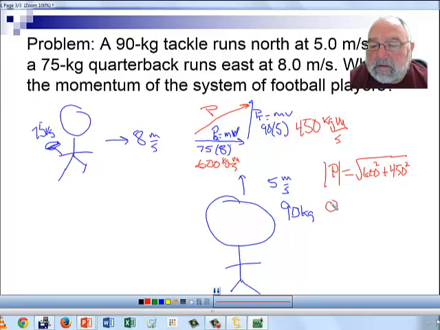The angle is the inverse tan of the y component, 450, over the x component, 600.